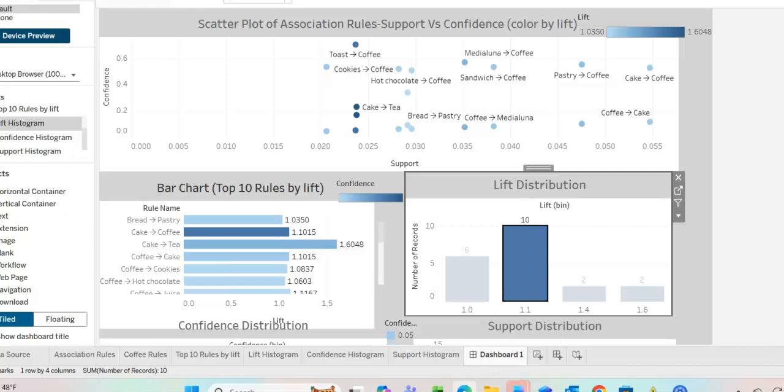Like tea, coffee, and pastry, bread has strong associations. So although support is low overall, these relationships can still guide marketing.